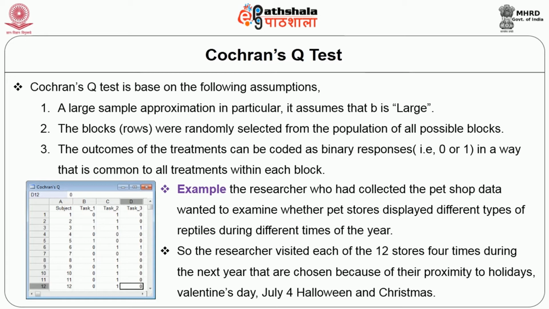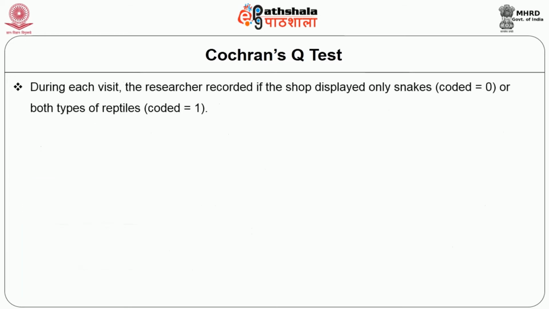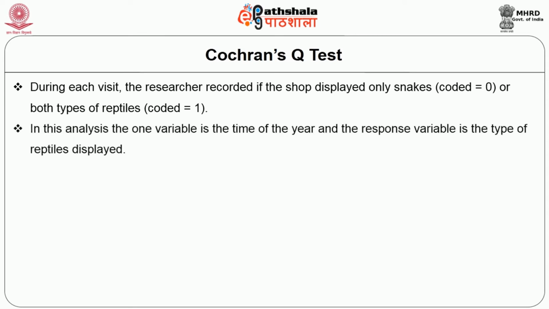During each visit, the researcher recorded whether the shop displayed only snakes or both types of reptiles, coded 0 and 1. In this analysis, the one variable is the time of the year and the response variable is the type of reptiles displayed.